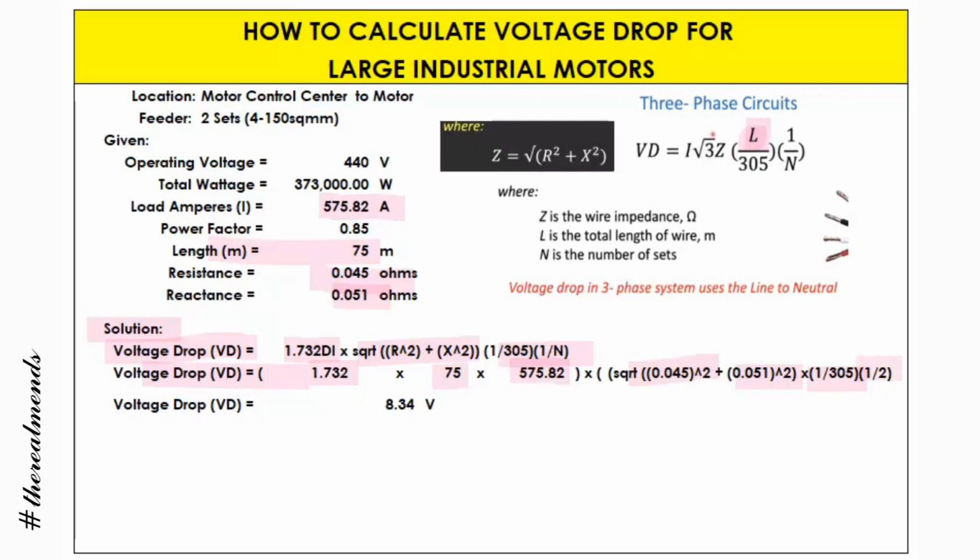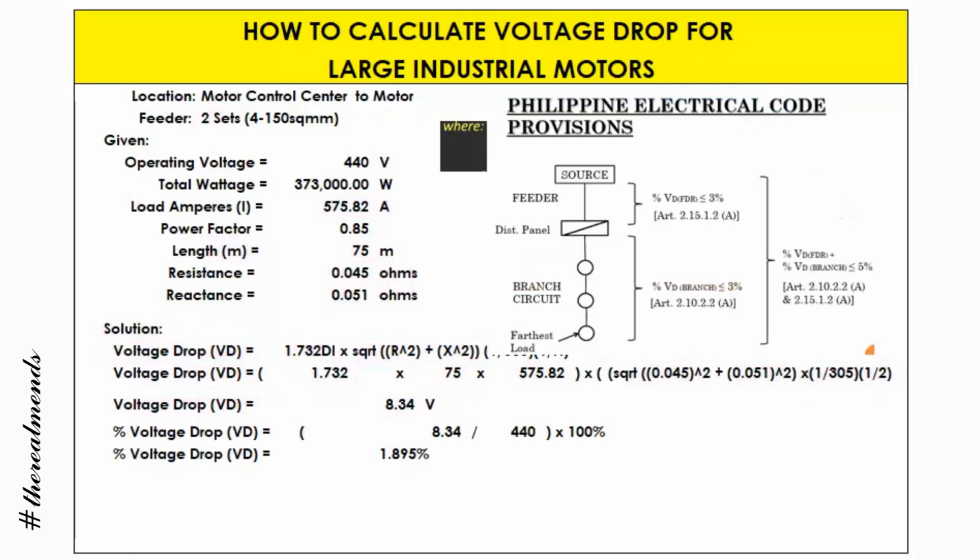And then 1 over 2. So yung N is the number of sets, and then we have 2 sets of our conductor. So after we got a calculator, we can arrive at our voltage drop of 8.34 volts.